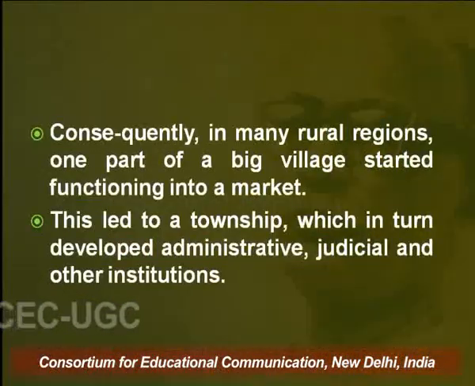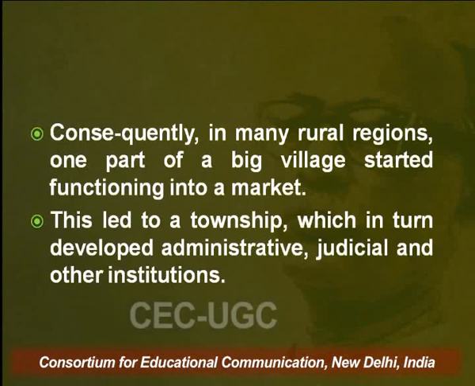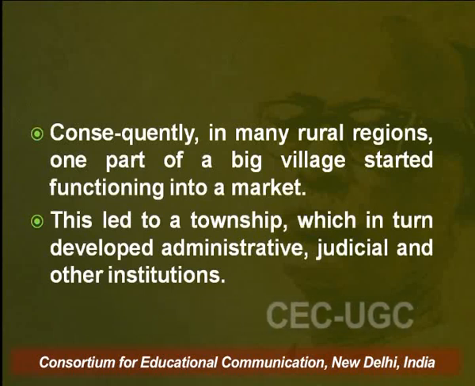This was the idea behind the increase in the area of distribution, with production moving out from one village to the other, from one rural area to the other, and this laid the foundation for urbanization. In many rural regions, one part of a big village started functioning as a market. This led to a township, which in turn developed administrative, judicial and other institutions.